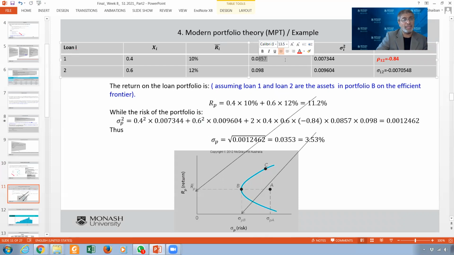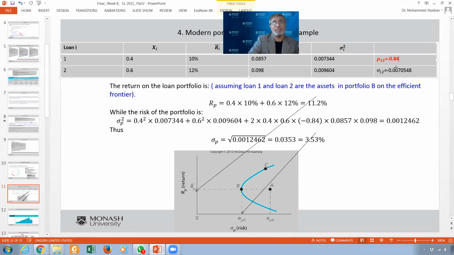And then this is the variance, and this is the standard deviation. And this red thing is actually the correlation between the return of 1 and 2. The covariance between 1 and 2 is actually here.